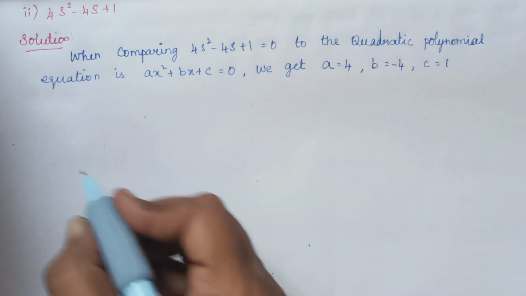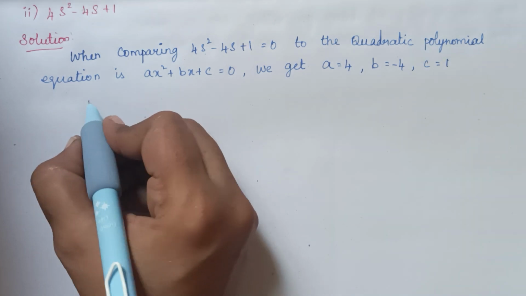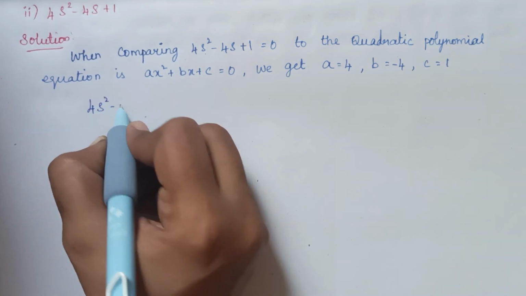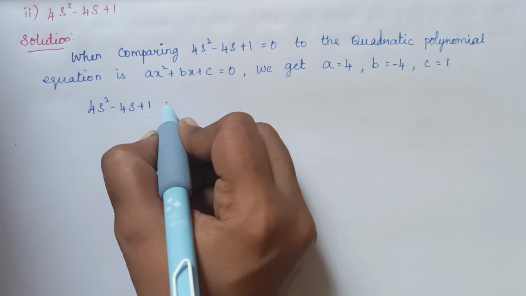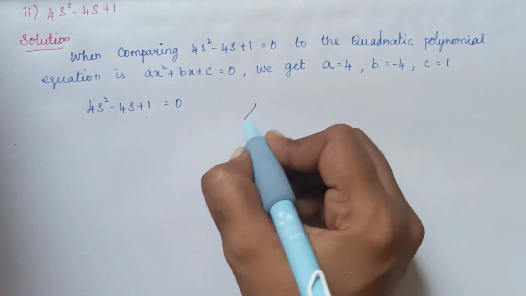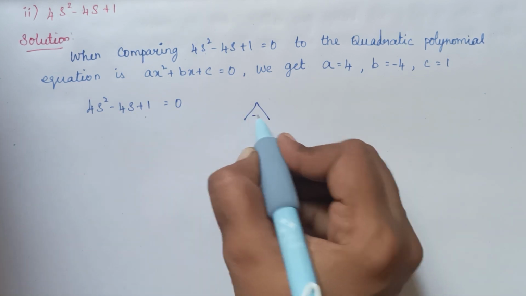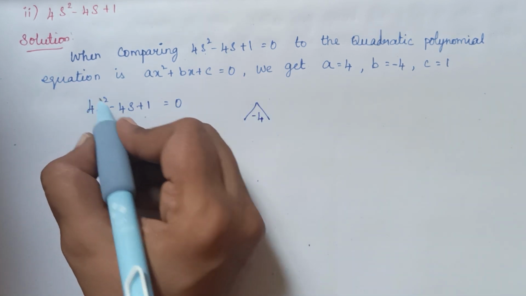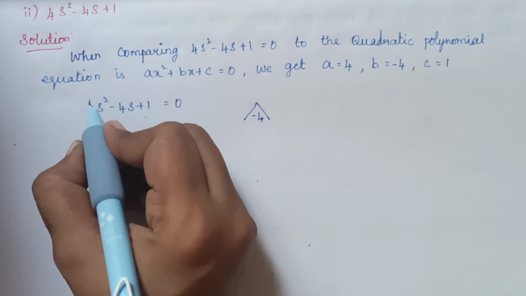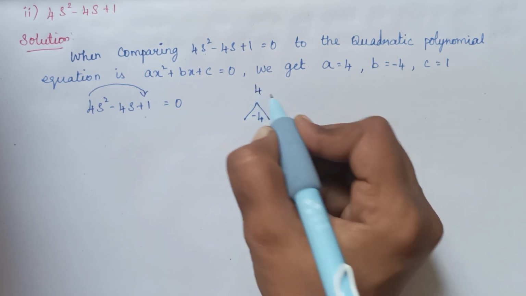Now write 4s square minus 4s plus 1 is equal to 0. You want to take the factors for this. So we multiply and find the middle number, minus 4. Now the coefficient of s square and the constant term we should multiply: 4 into 1, 4 ones are 4.